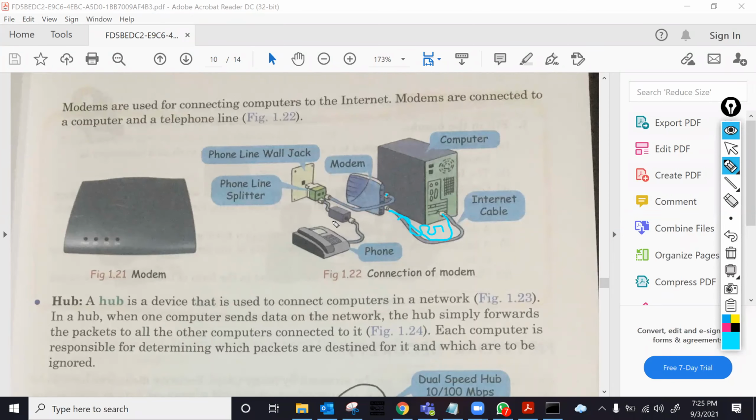This is the phone line splitter. This is the phone line jack. It's coming like this. Here, this is the voice signal, and this is data. Nowadays, instead of a modem, we use a router. Got it?